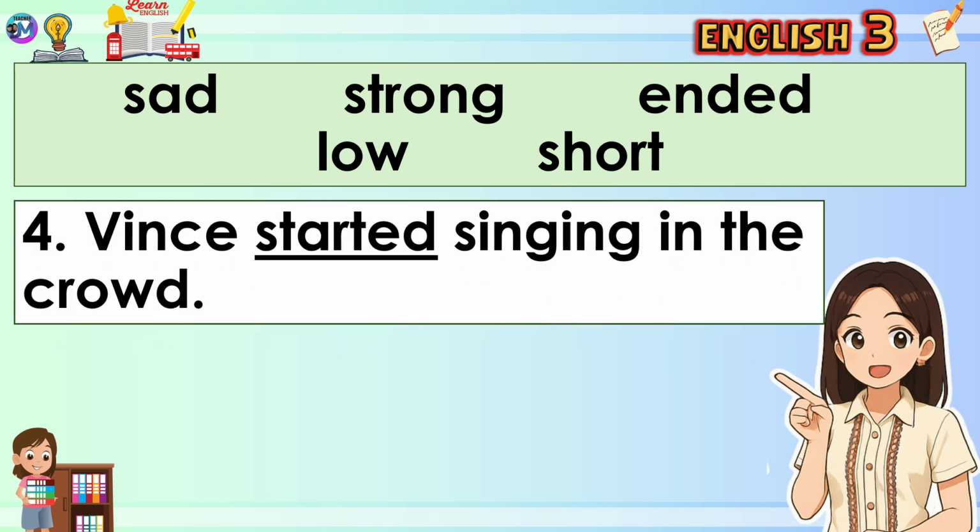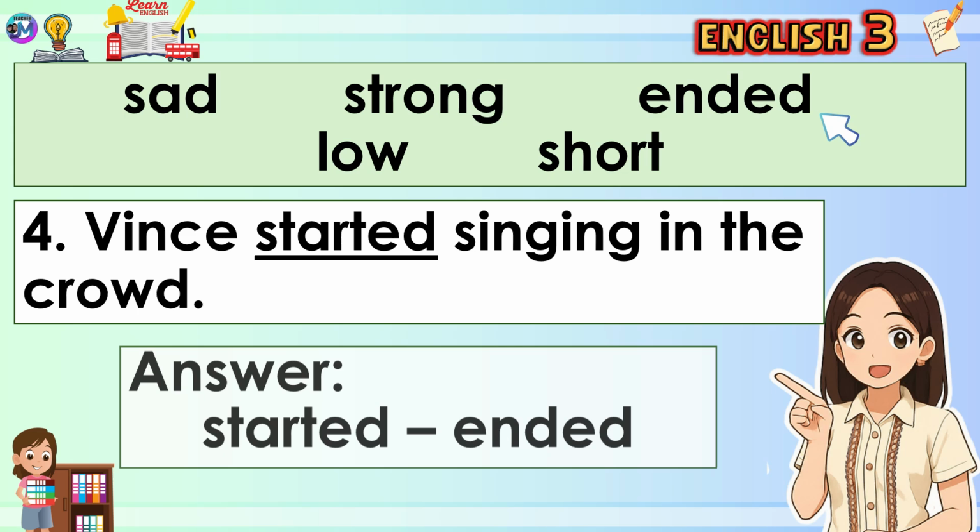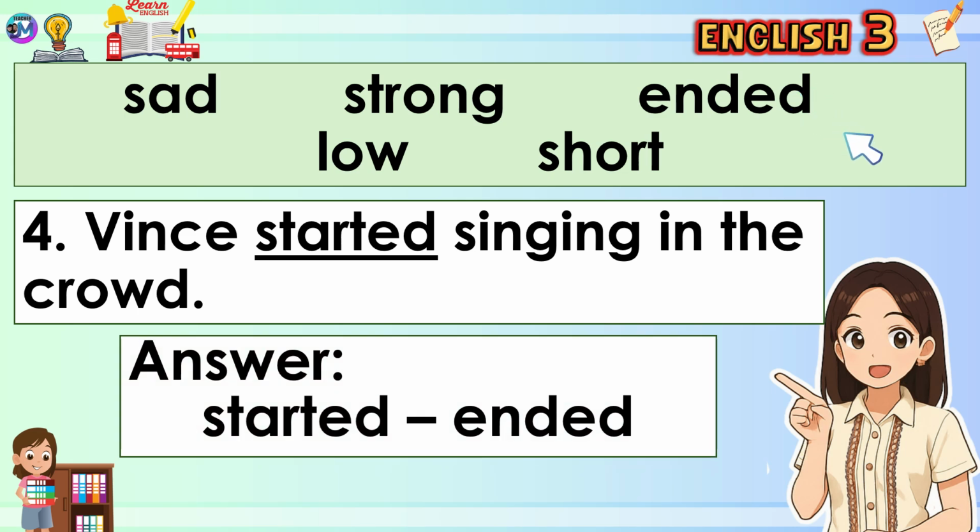Sentence number 4. Vince started singing in the crowd. The underlined word is started. Which from the words is the opposite of started? Awesome! It's ended. The opposite of started is ended.